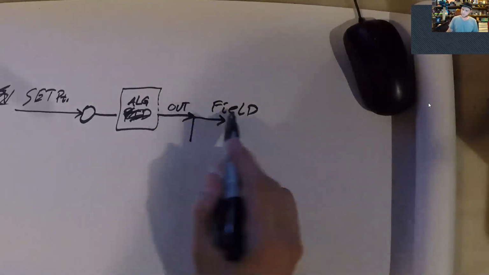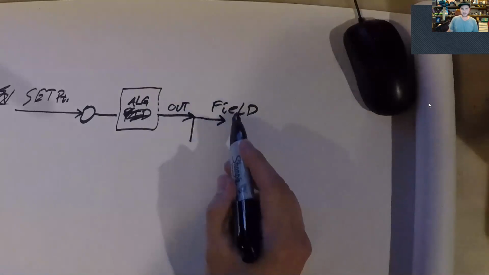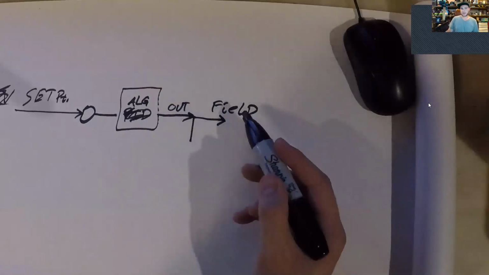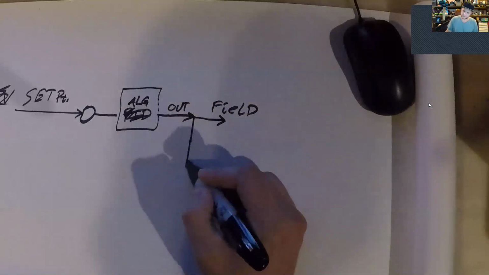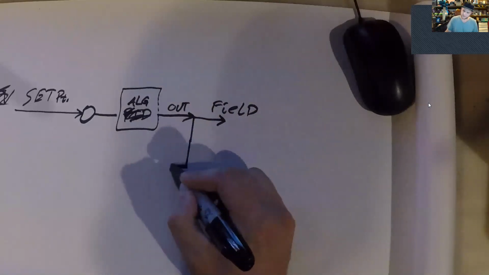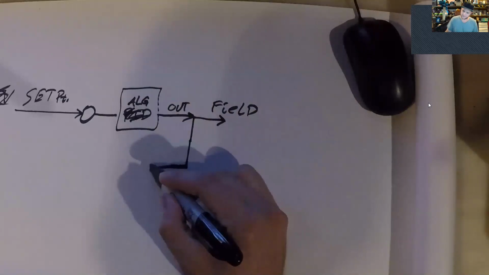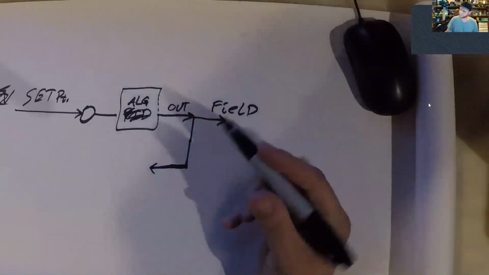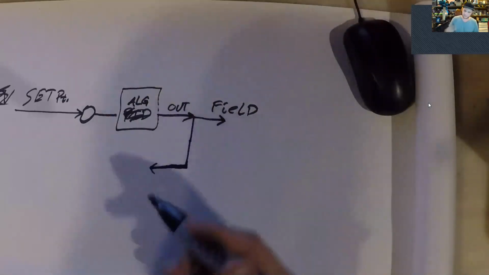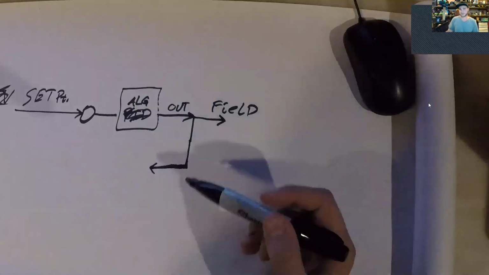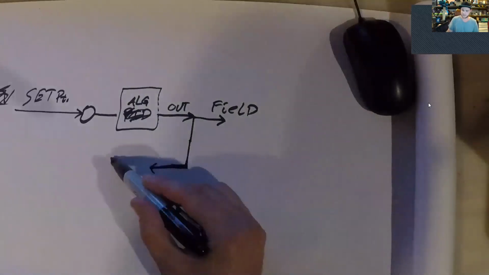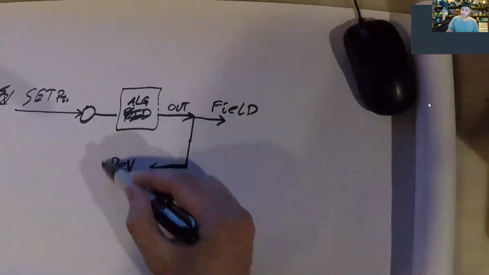Okay, and so in our case, well, let me talk about the split first. So this split comes back, and I forget what the term for this is, but this is basically your deviation.